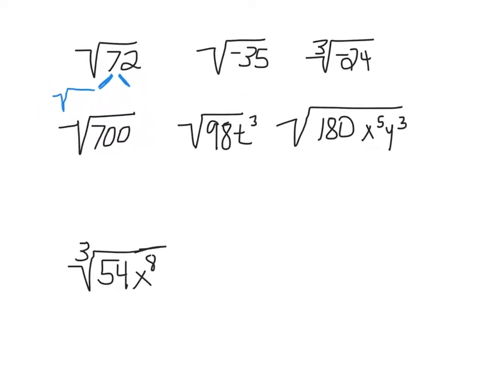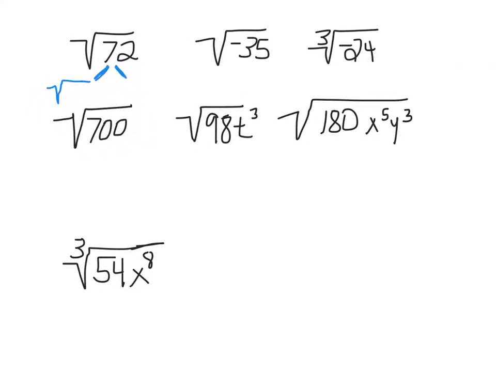Under the first radical symbol, I'm going to put the perfect factors of 72, so everything I can take the square root of, okay? And then under the second radical symbol, I'm going to write what's left, okay?